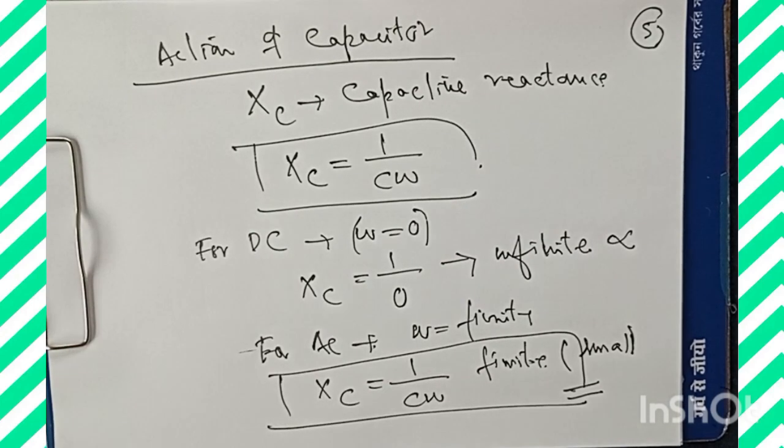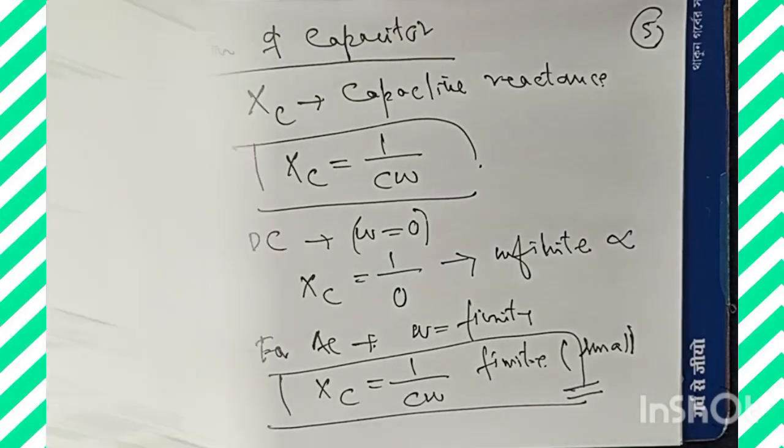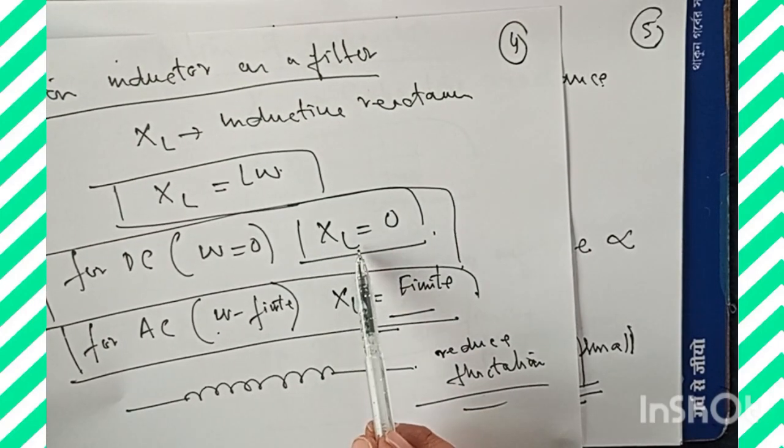So that's why in circuits we make use of these capacitors as bypass filters. We use them as the blockers of DC, but they allow the AC to pass through them. And at the same time, for the case of inductors, what we saw was that XL is 0 for DC.